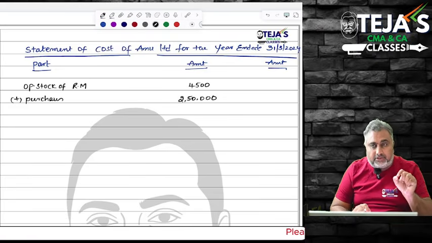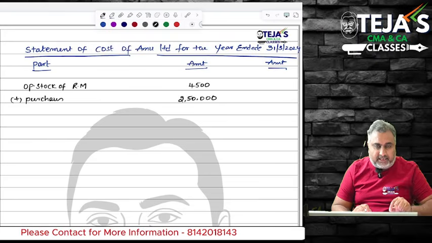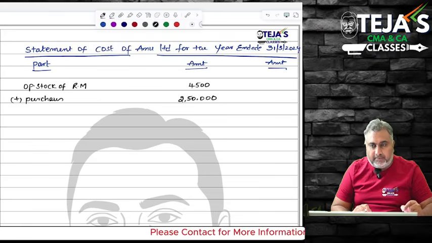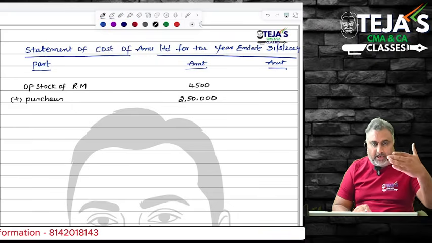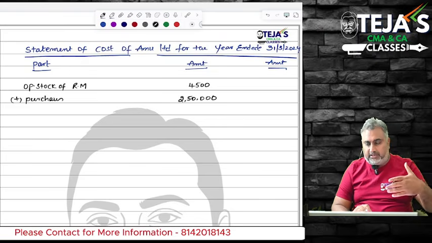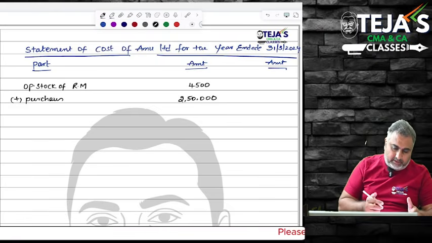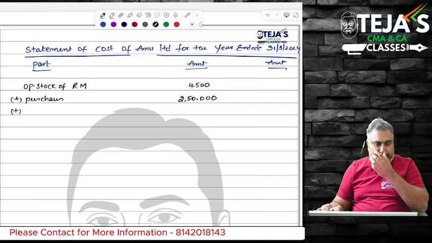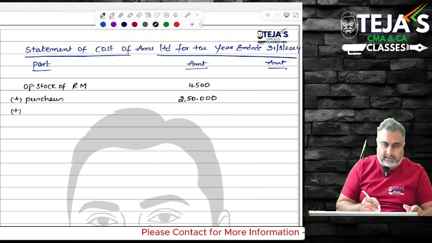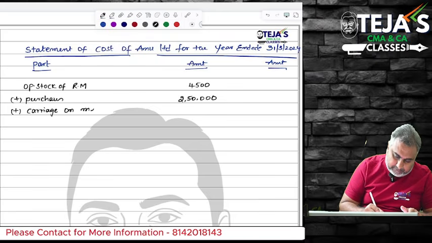See the question clearly. If they give sale of scrap of material, that should be deducted from your material cost. But if they said only sale of scrap, that should be adjusted before works cost, that means after you calculate factory overheads and all these adjustments. Then add carriage on purchases, carriage on material, correct?